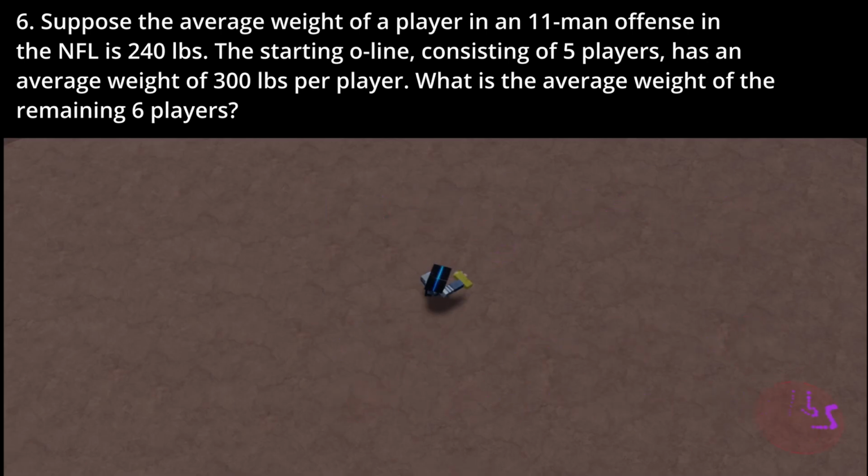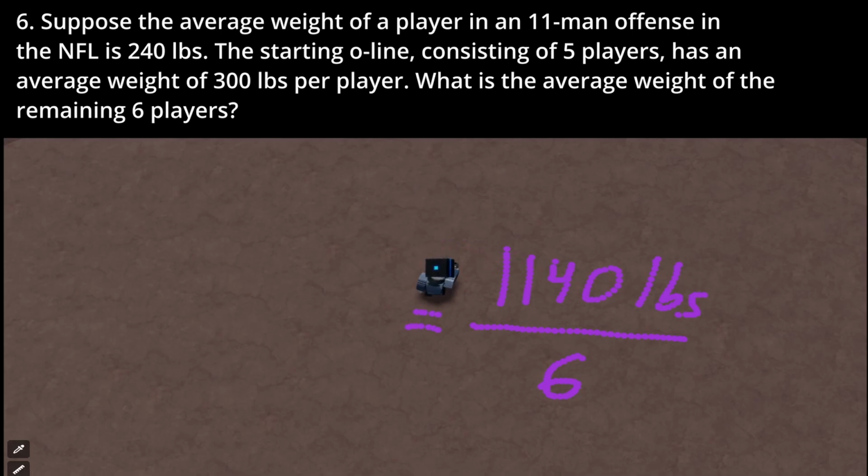And now all we need to do is just 1,140 pounds across 6 remaining players. So if you do 1,140 divided by 6 on a calculator, you'll find that the average weight is 190 pounds across all of those remaining 6 players. So 190 is our answer.